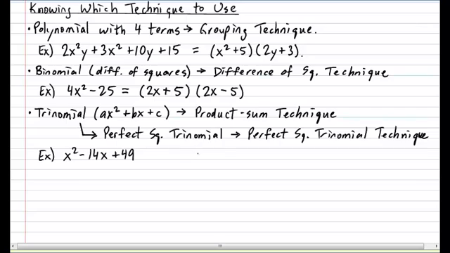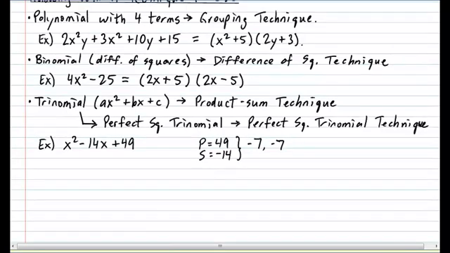For this particular example, the product turns out to be 49, and the sum turns out to be minus 14. The two numbers that work are minus 7 and minus 7. So therefore, using the product sum technique, this becomes x squared minus 7x minus 7x plus 49.